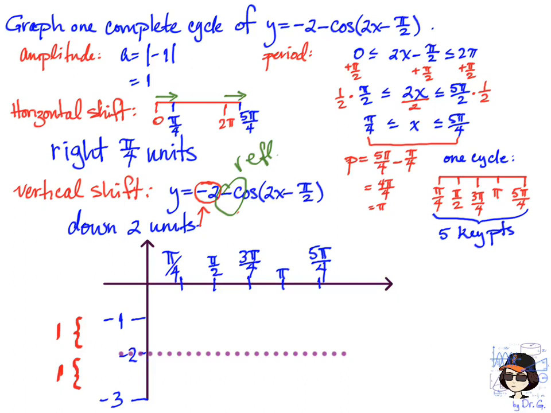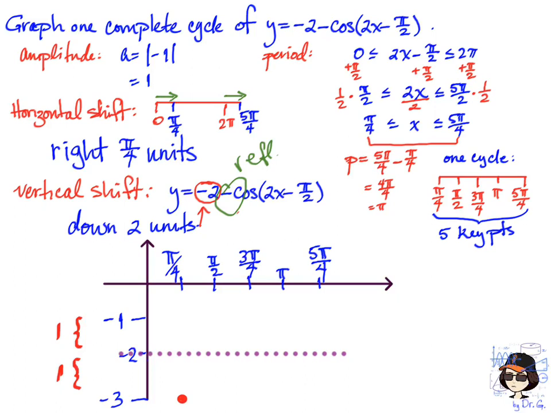And if you just want to verify that, you can go ahead and plug in pi over 4, and you will get -2 minus cosine of 2 times pi over 4 minus pi over 2, and you will get -3 if you do that. So I'm going to plot a point at x equals pi over 4, y equals -3, because that's my starting point. Now, I don't need to plug in any more points, because I know that it ends exactly where it starts.